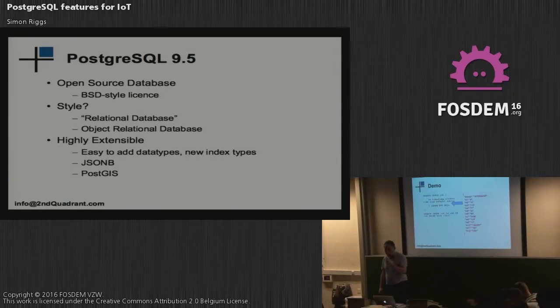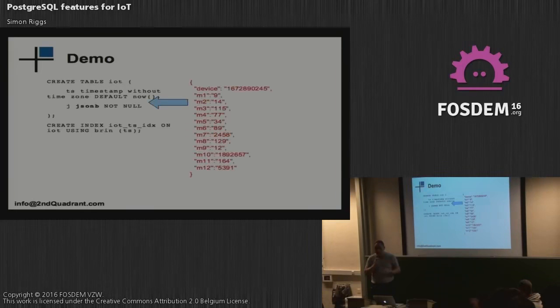So what I was asked to do was do a demo. So I'm going to do a demo just on my laptop. And what I wanted to do is just give you a very simple database to think about. It's a single table, and it's got two columns in it, one called TS, which is a timestamp, and another column called J, which is of type JSONB.